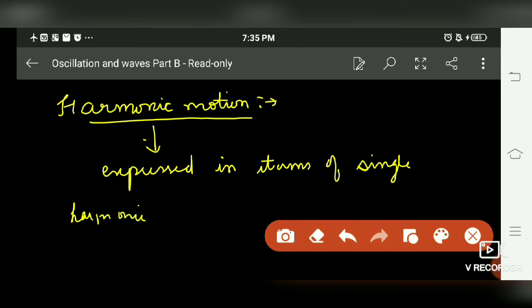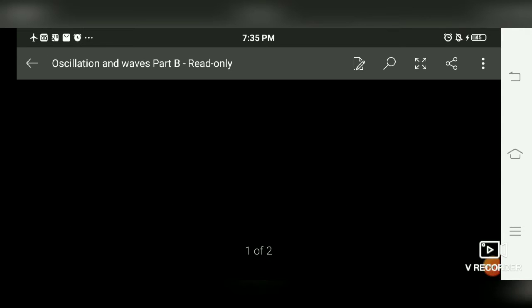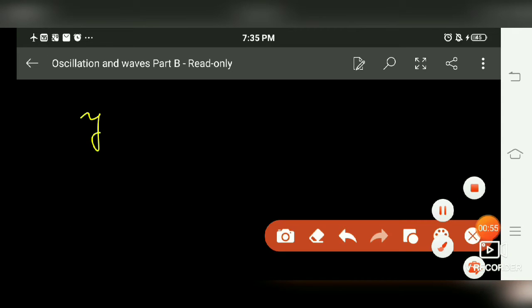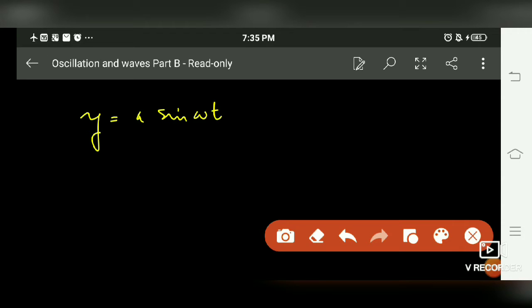Single harmonic function means either sine or cosine, like y is equal to a sine omega t or y is equal to a cos omega t.